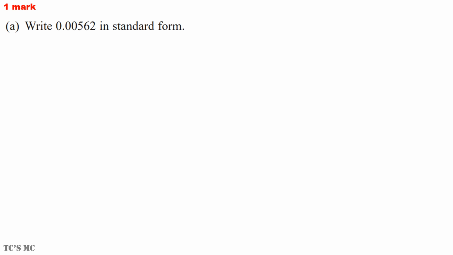Write 0.00562 in standard form. Now it's important to remember that standard form is always a multiplied by 10 to the power of n, where a is more than or equal to 1 but less than 10, so 9.99 something, that's fine.